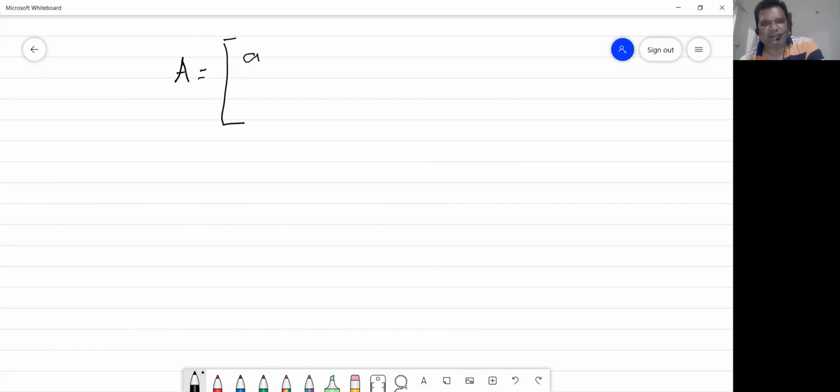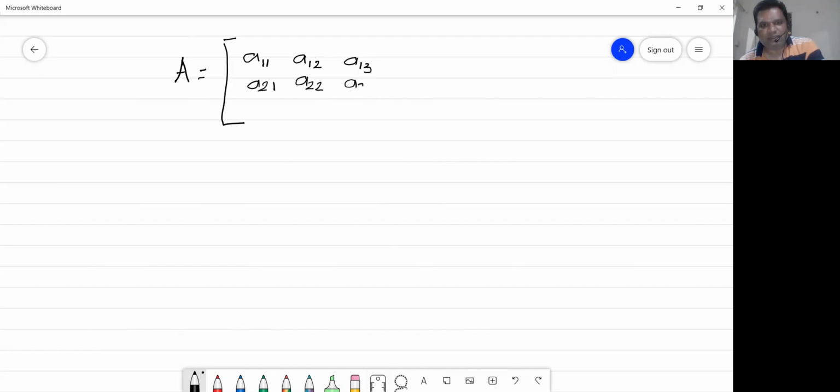A is the first element, first row, first column. Second one, A, first row, second column. A, first row, third column. Similarly, A, second row, first column. A, second row, second column.